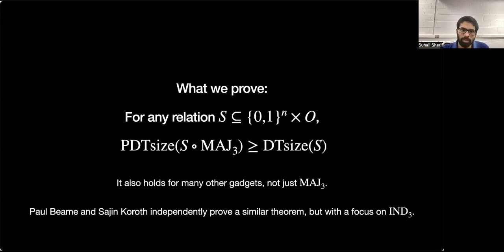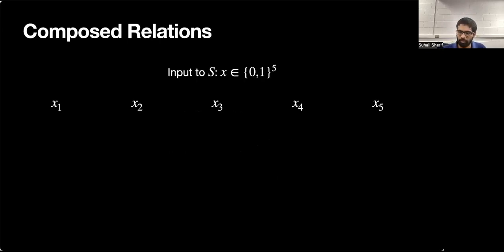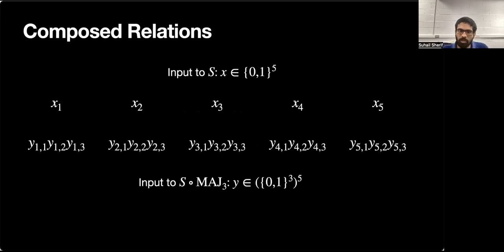Right. So what is this composition with majority? Why is composition helpful in lifting theorems? For that, let's just see what a composite relation is. Say you have a relation that takes in as input 5 bits. This relation composed with the 3-bit majority would take in as input 15 bits, which is divided into 5 blocks of 3 bits each.